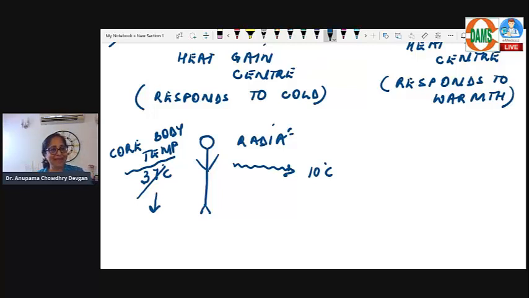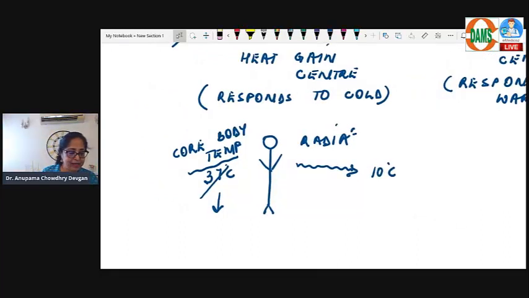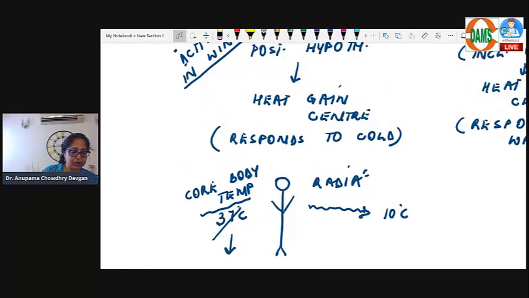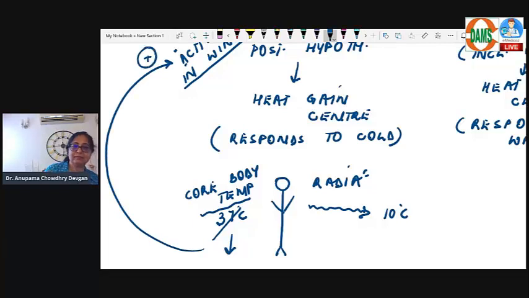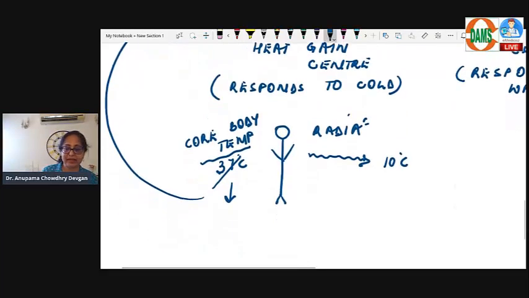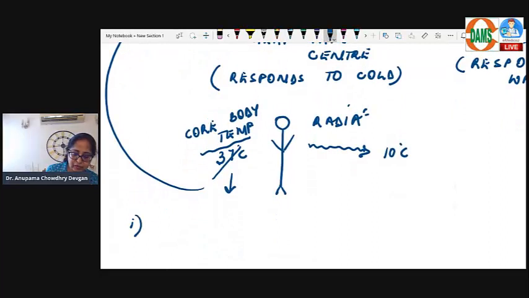And the fall in the core body temperature will now activate the posterior hypothalamus, right? And when the posterior hypothalamus gets stimulated, there are three responses.